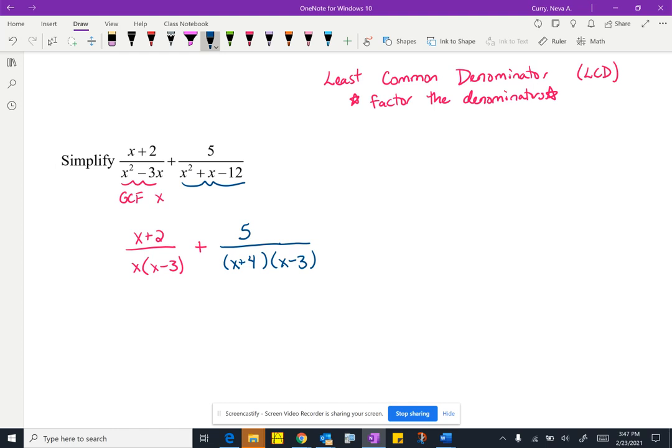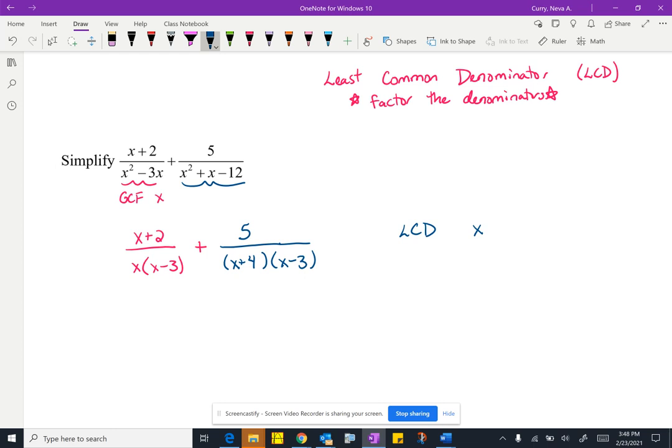Now, we've factored the denominators to start trying to identify what our LCD is. If I look at both denominators, to get the LCD, I notice the first fraction has an x as a standalone, and that's not in the other one.